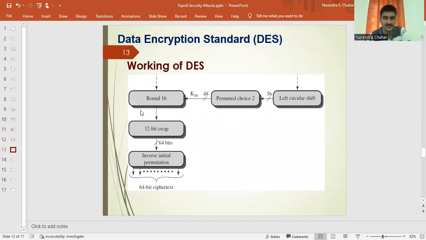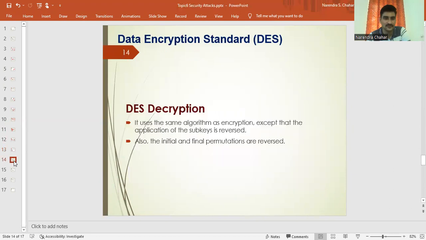Now we can see after round 16, a 32-bit swap is performed here, and the final permutation is performed, and then we get the 64-bit ciphertext here. Now, what is the DES decryption? It uses the same algorithm as the encryption. This is the vice versa of the algorithm here, except the application of subkeys is reversed. So how do we reverse the subkeys?